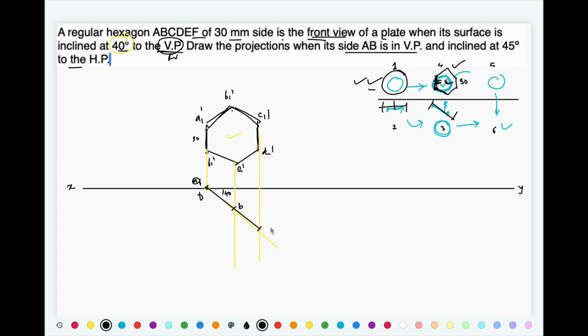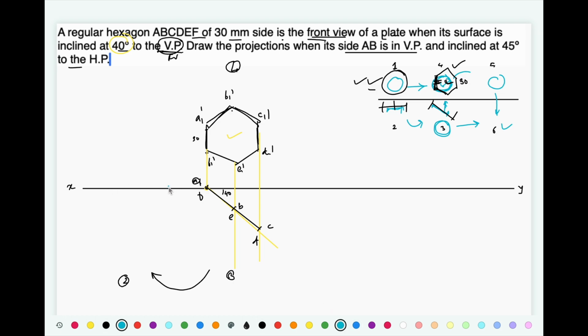So A, B, C, D, E and F. So this is the top view. Okay, this is step number 4, this is step number 3. Now we are going to reverse the process. We are going to draw step number 2 and we are going to make this side completely rest on the XY line.